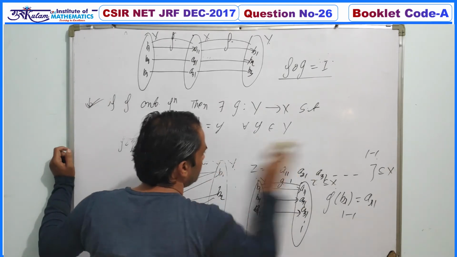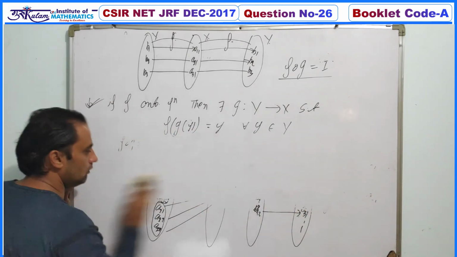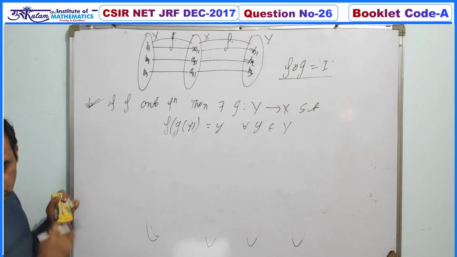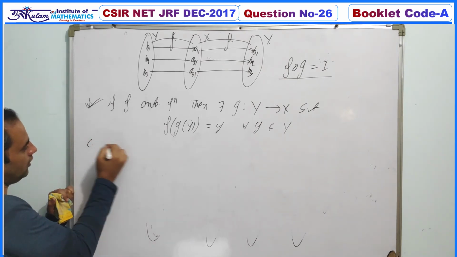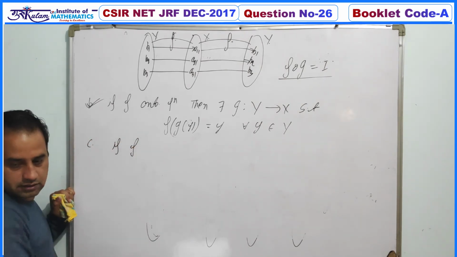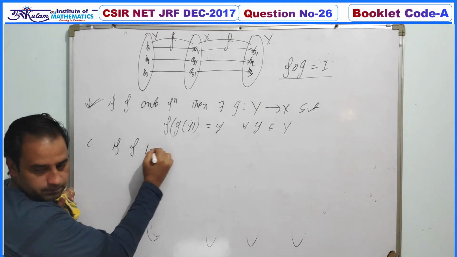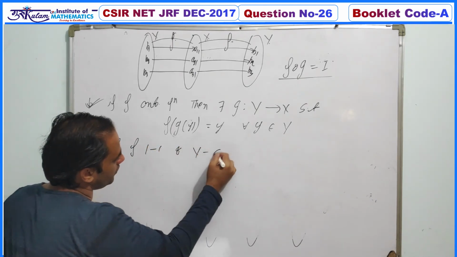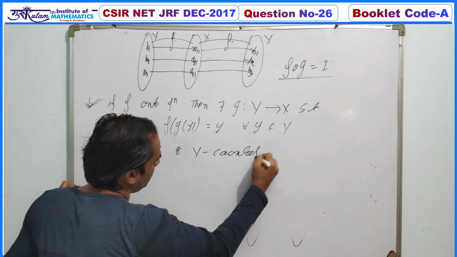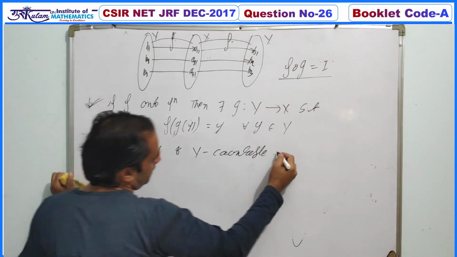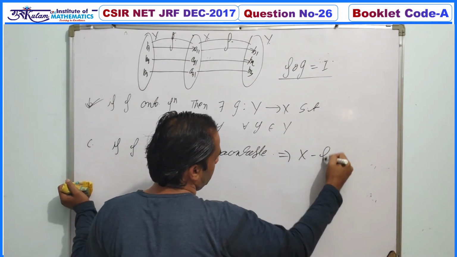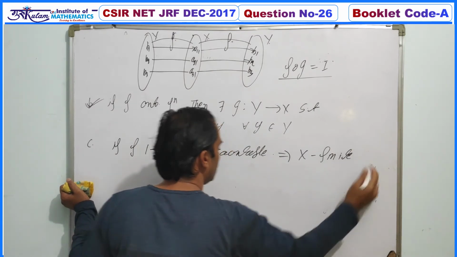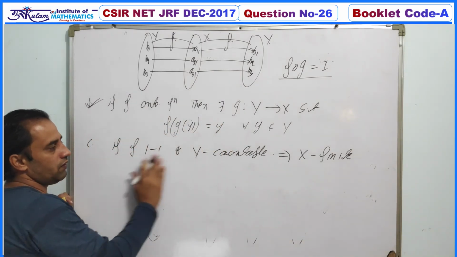Now come to the third option. Your third option is, if f is a one-one function and y is countable, implies x is finite. So f is one-one, y is countable.